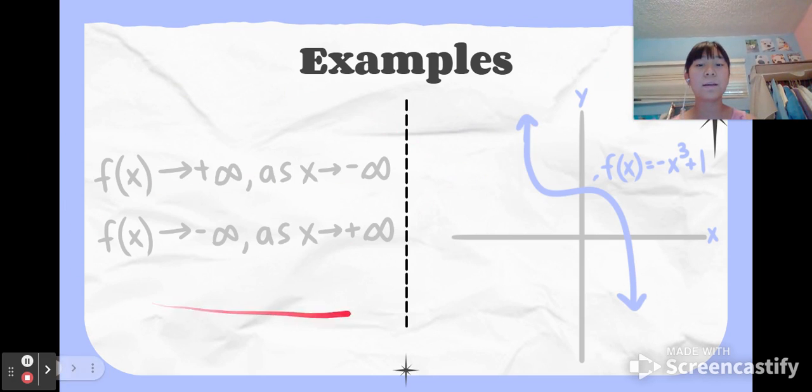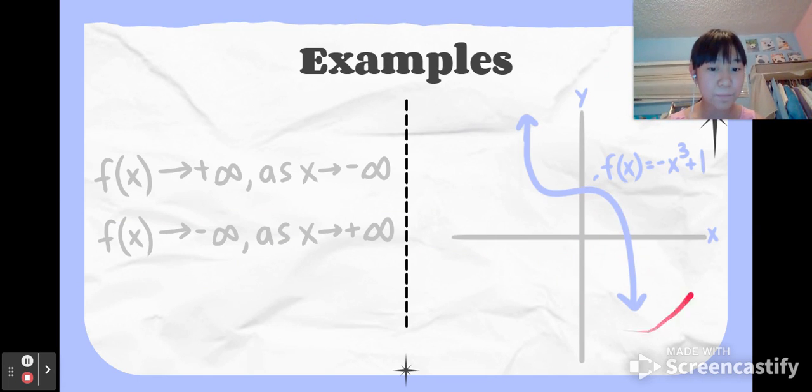And now let's see if this is true for the right side too. We see that f of x is going downwards to negative infinity, and x is approaching positive infinity as this graph continues on. So yes, f of x approaches negative infinity as x approaches positive infinity.